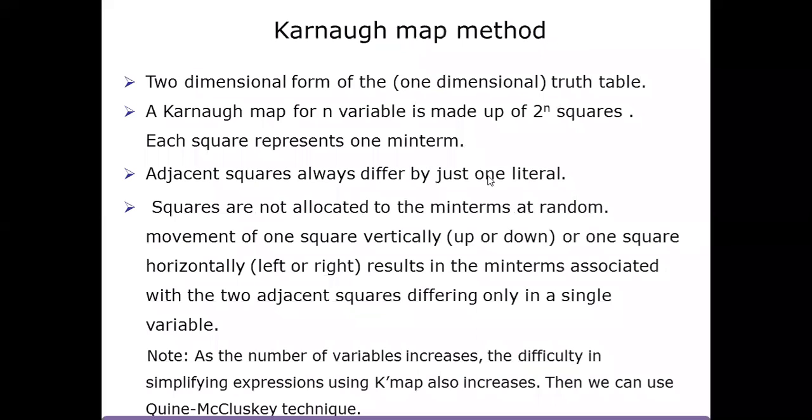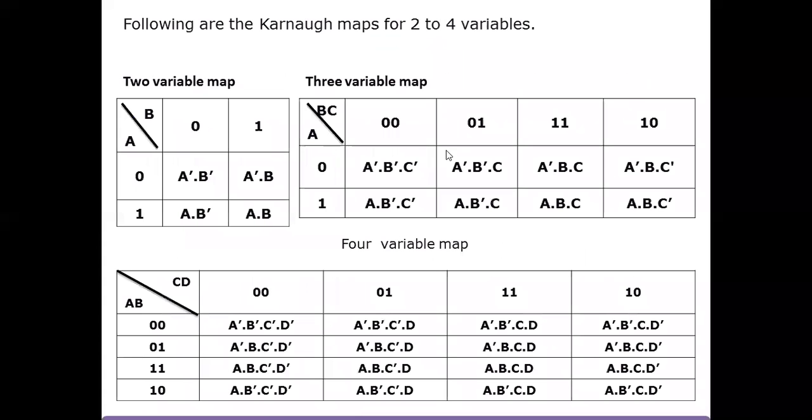In this method, we simplify the function using a table. It looks like a truth table, but it's quite different. We use max terms and min terms to represent each and every cell in these tables.